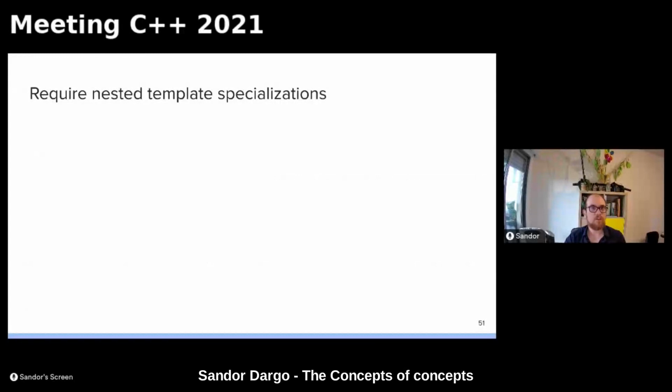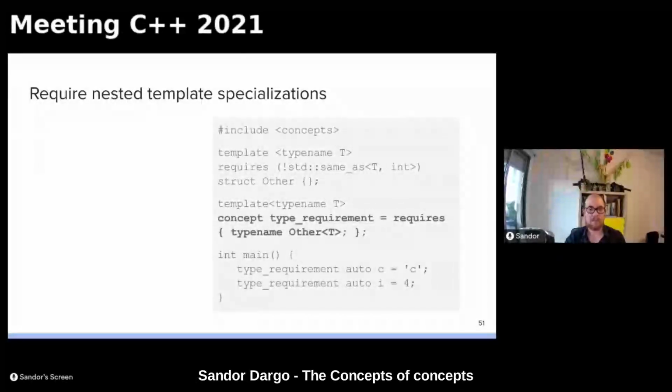So for nested template specializations, you can say something similar. In this case, we write struct other that has a requires clause, and it says that its template parameter must not be an integer. And we just wrote a test concept called type requirement, which requires that other with T is instantiable.